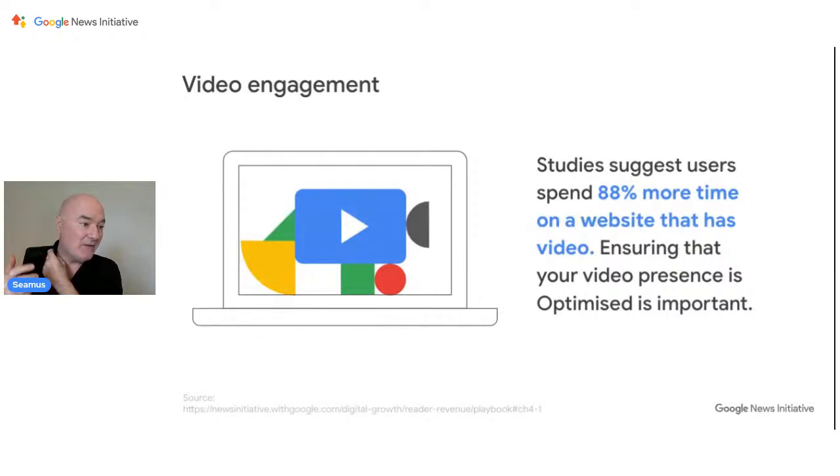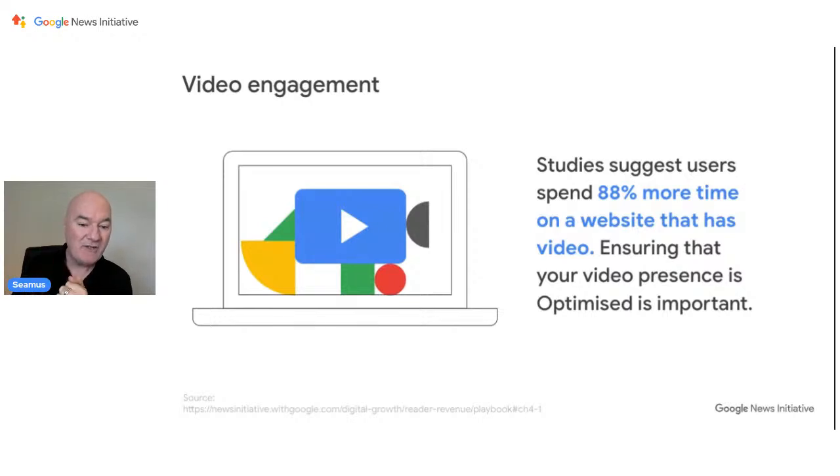So a lot of the research could be very useful for you as well. The video engagement, this is something that's really standing out at the moment. Studies are suggesting that users are spending almost 90% more time on a website when there's video. So if you're not including video, maybe this could be something that you could look at. And of course, we want to make sure that it's good video, that it's optimized, that the presence is logical, that it's adding something, that it's fitting in with your overall content offer.